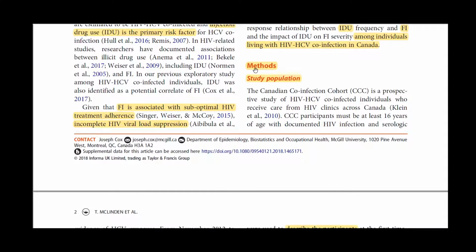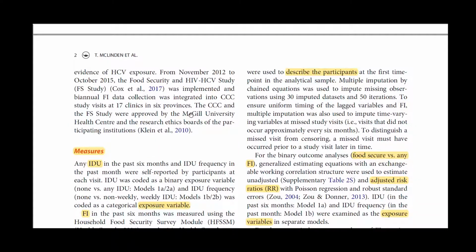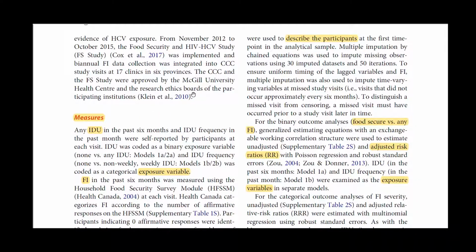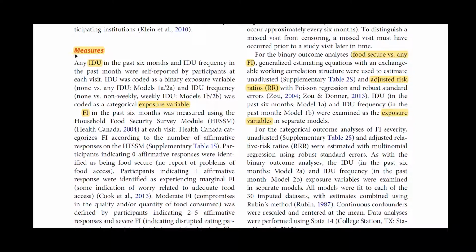We then move on to the methods section where we talk about our study population. I'm going to skip through this section, but more details can be found here of how we had our study sample established and who we eventually collected data from in order to complete our epidemiologic analysis. Then we talk about our measurements. So we talk about capturing information on use of injection drugs in a 6-month window.